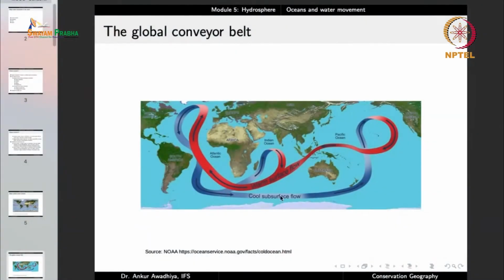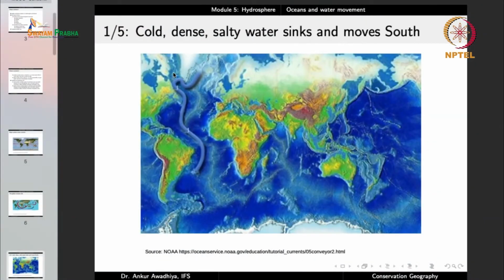This conveyor belt starts from the North Atlantic, and this area being very cold, we get a phase separation. So the water that remains is very cold, very salty, and very dense, and so it sinks down. Once it has sunk down, it moves along the ocean floor towards the south.